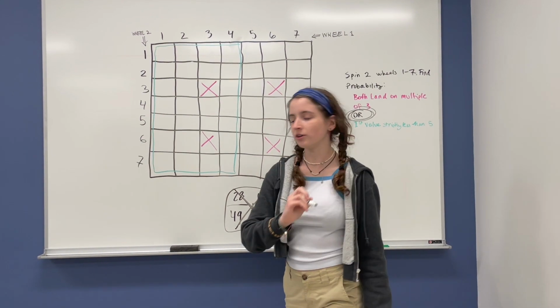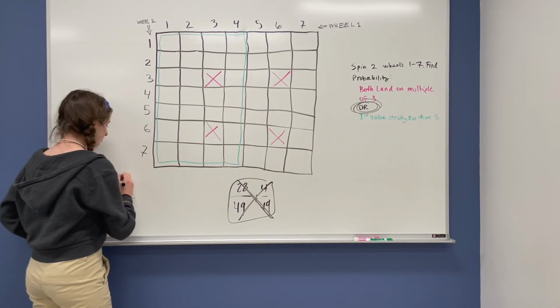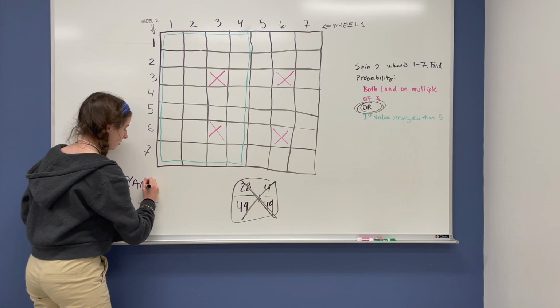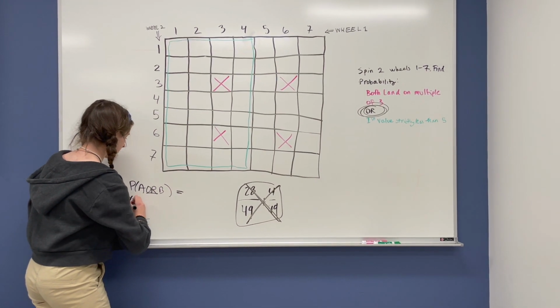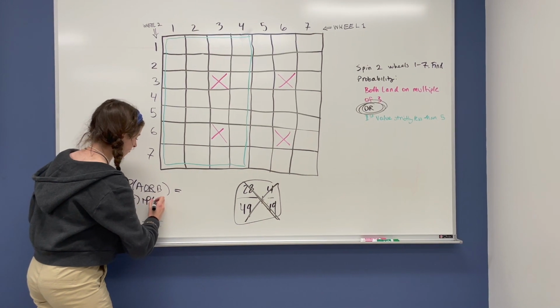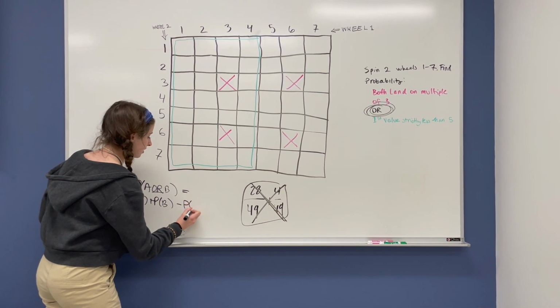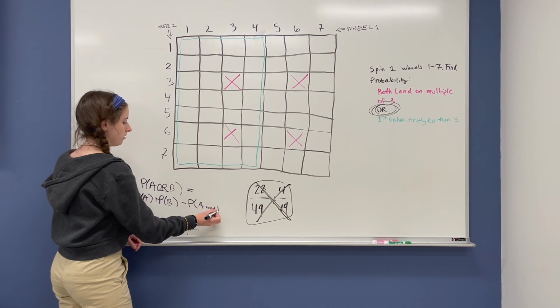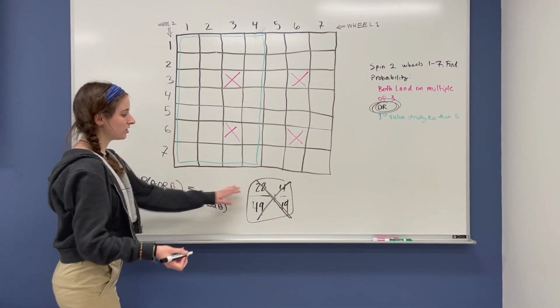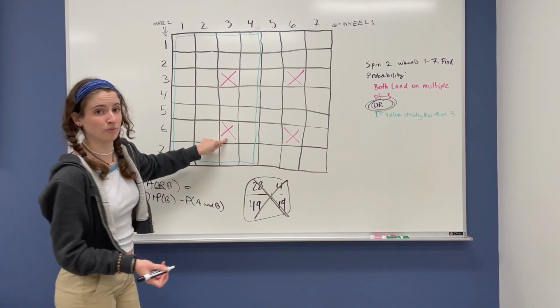If you remember from earlier in class, the probability of A or B is the probability of A plus the probability of B minus the probability of A and B. That's because if you do this, you will double count these two boxes.